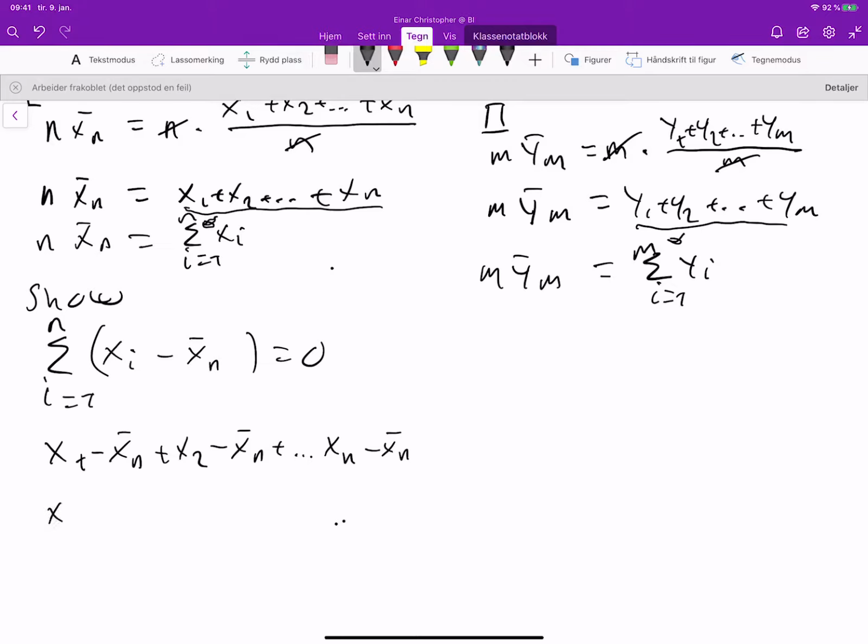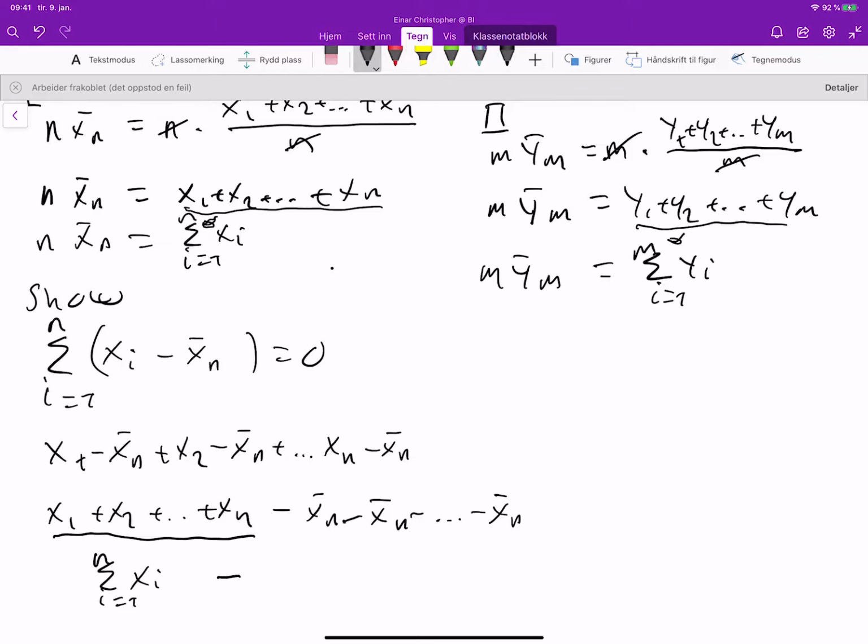And then we can rewrite, so we get x1 plus x2 plus xn, and then all the xn bars: minus xn bar minus one more xn bar minus dot dot dot minus xn bar. And then we see that this is nothing else but the sum over the xi's, i equal 1 to n.